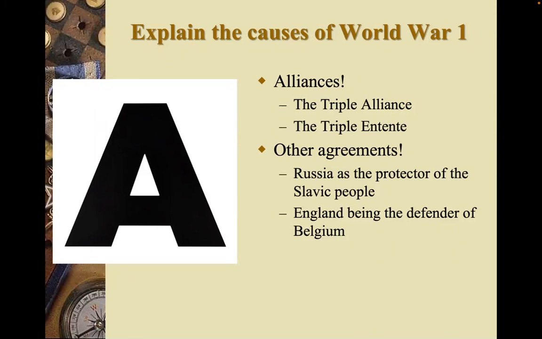They agreed to protect them from outsiders who would come to hurt them. England also had created a treaty where if poor little Belgium was attacked, they would come to their aid. Notice something here. We basically created a situation where a simple event would trigger the alliance system and drag all nations into a war.